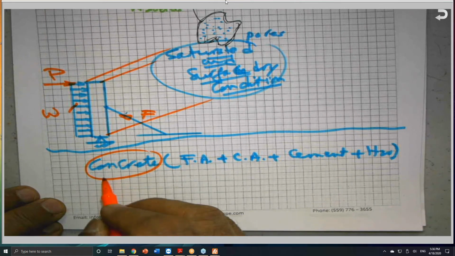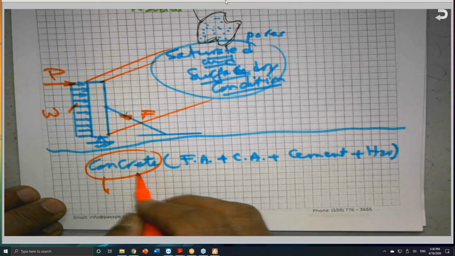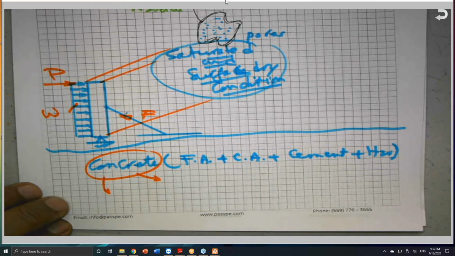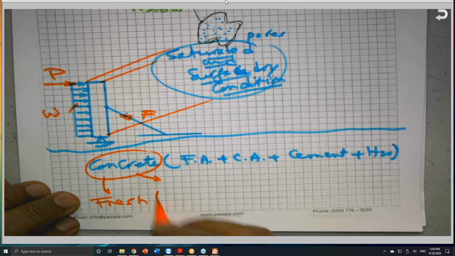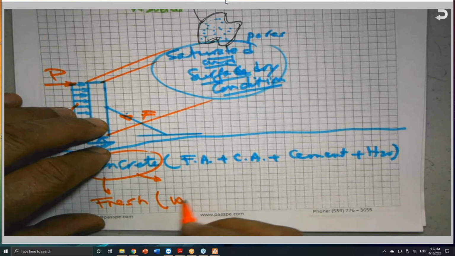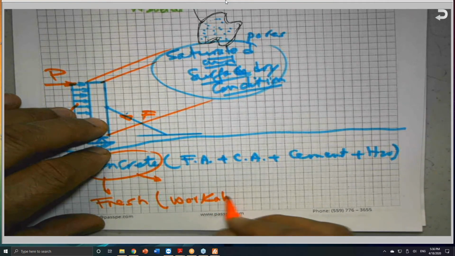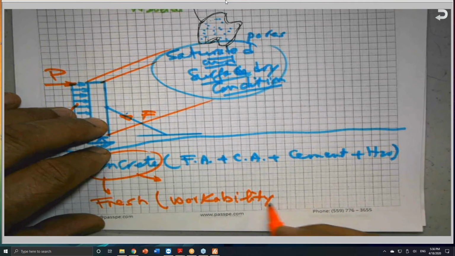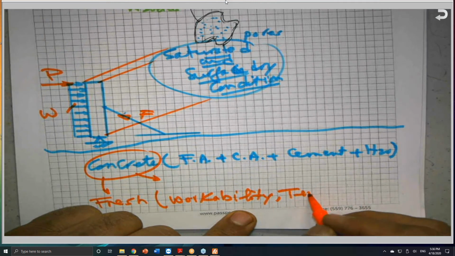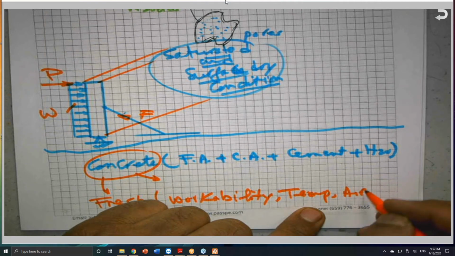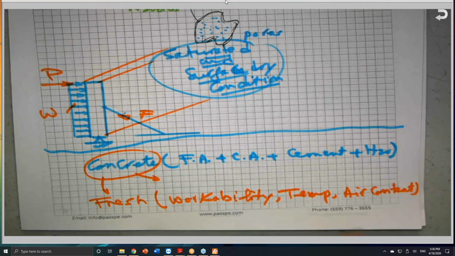And the testing that we do in the field or in the lab could be classified as follows. For fresh concrete, we test workability, either the slump test or the Kelly ball, temperature, and air content, how much air. All this is done for concrete while it is fresh.